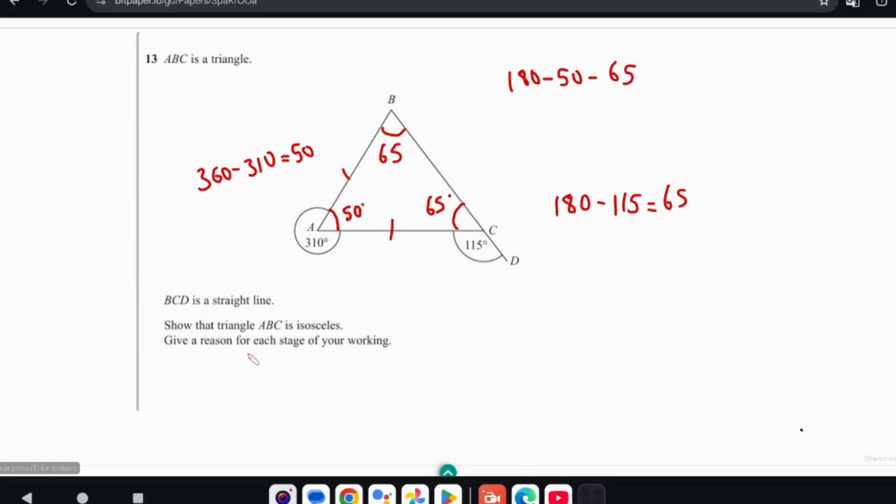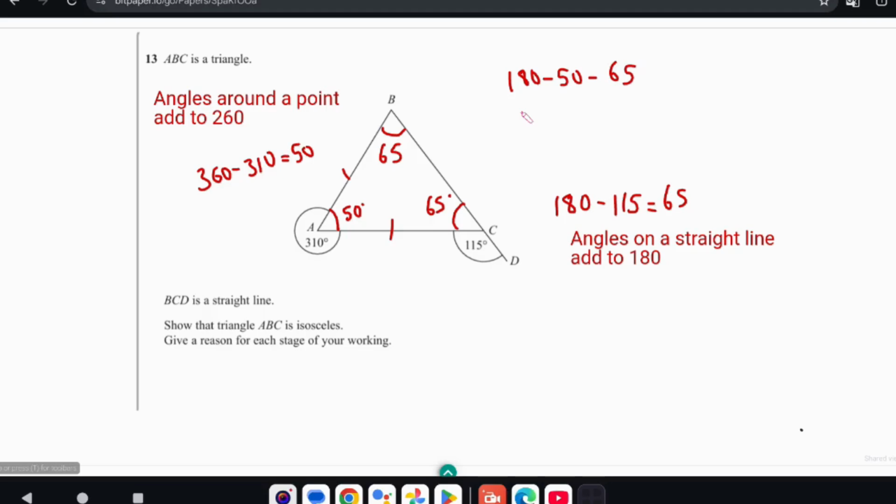Oh, it says give a reason for each stage of your working out. Here I should have written angles on a straight line add to 180. And here, angles around a point add to 360.